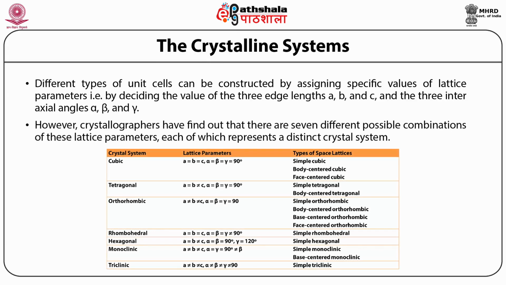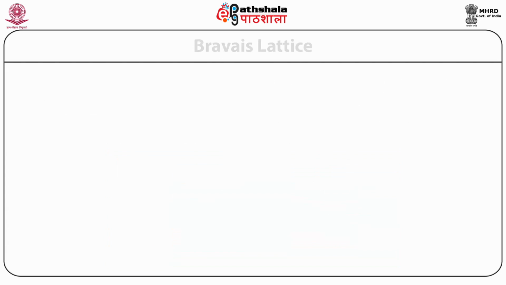However, crystallographers have found that there are 7 different possible combinations of these lattice parameters, each of which represents a distinct crystal system. These 7 crystal systems are listed in the table below.